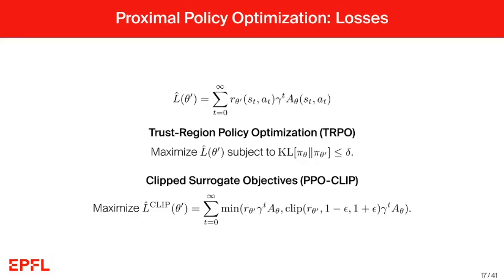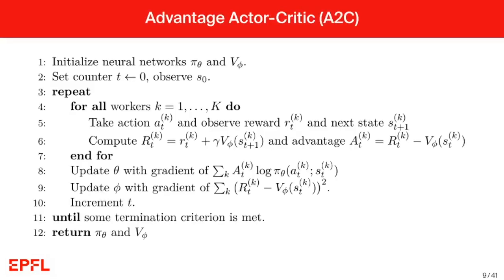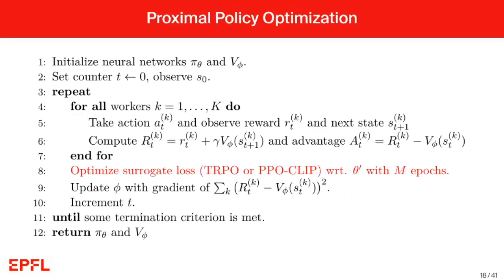With these new losses, we can now jump back to the advantage actor critic template and improve the step where the parameters theta are updated. Now, instead of just updating the parameters theta once with the gradient of that quantity, we optimize in this step the surrogate loss, for example, the one of TRPO with the limited Kullback-Leibler divergence, or the PPO clip objective with respect to theta prime for m epochs.